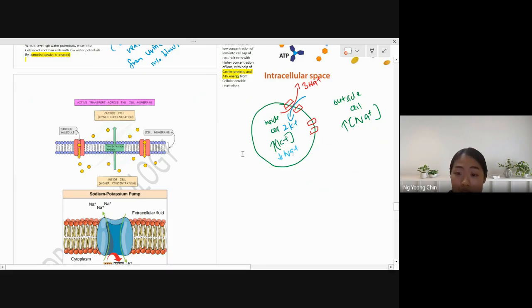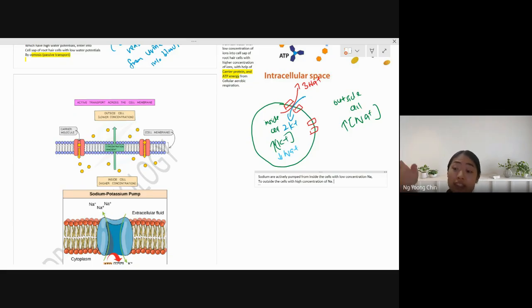Maybe I can write this down. Sodium is actively pumped from inside the cell with a low concentration of sodium, to outside the cell with a high concentration of sodium.